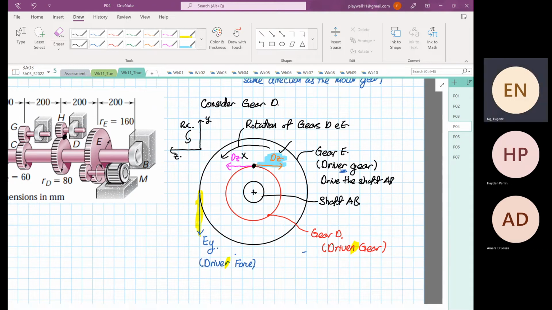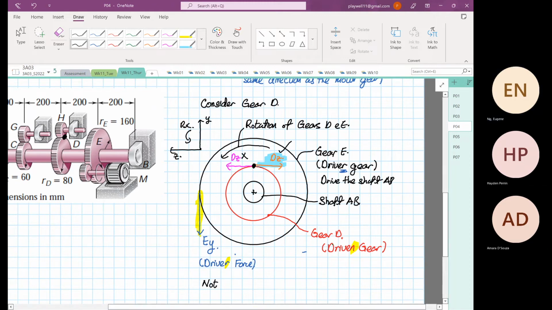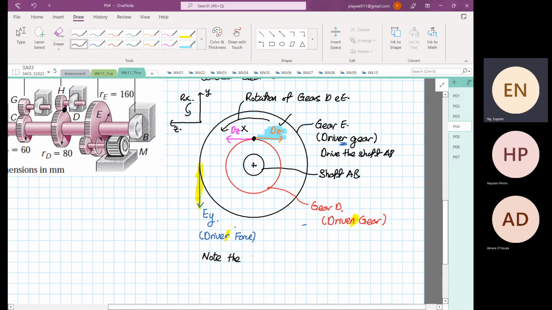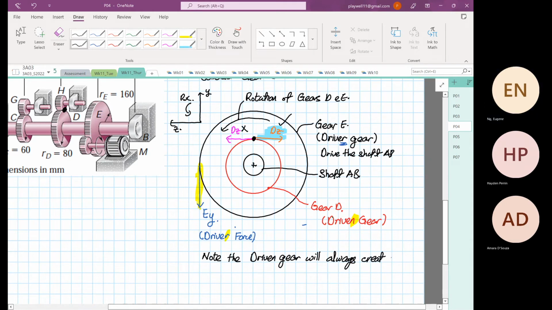Okay. So the driven gear, note, the driven gear will always, okay, create a resistance to the driver gear.